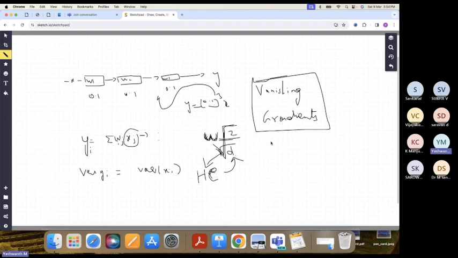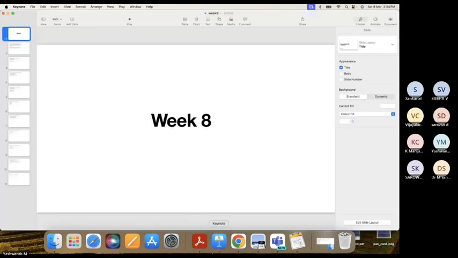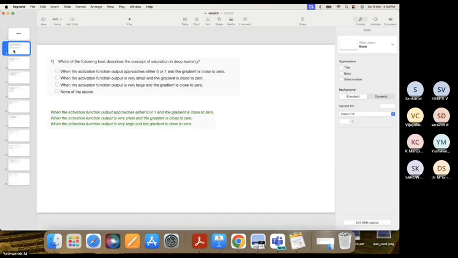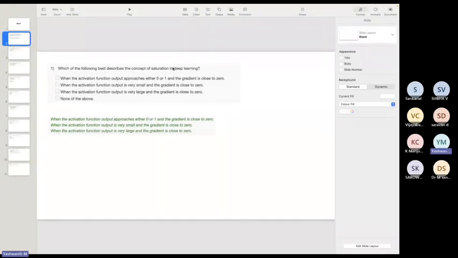Another quick overview is activations. Let's see the questions. Which of the following best describes the concept of saturation in deep learning?